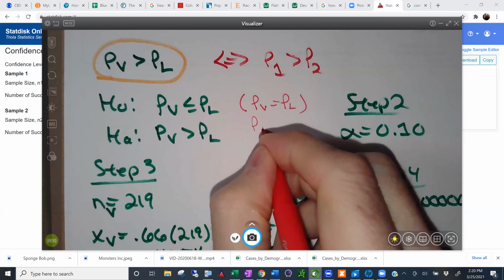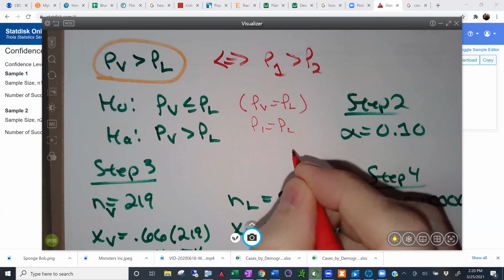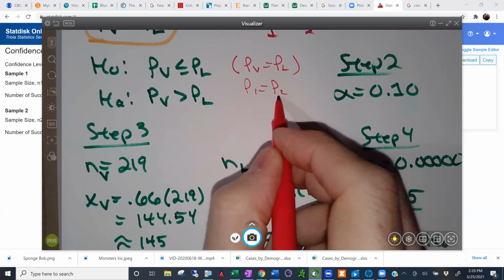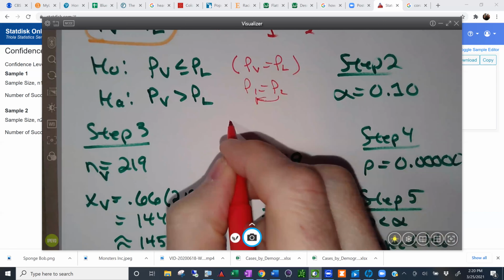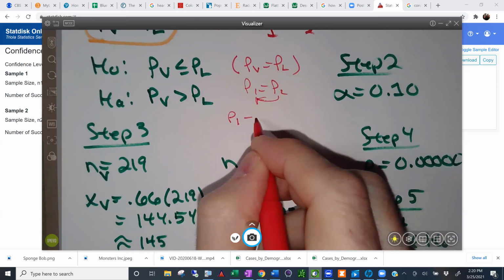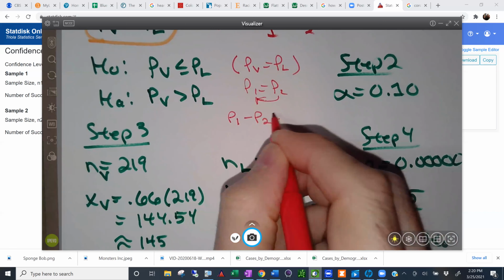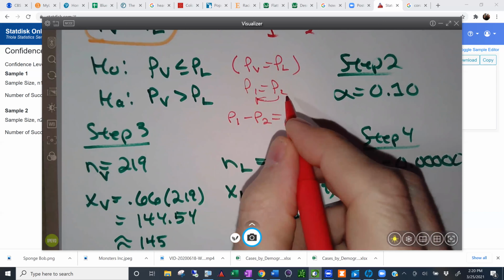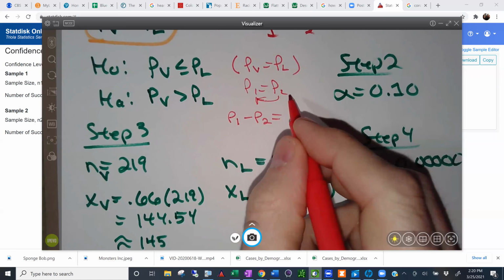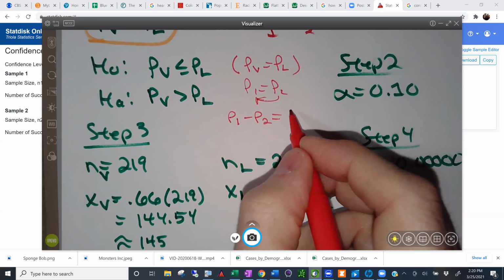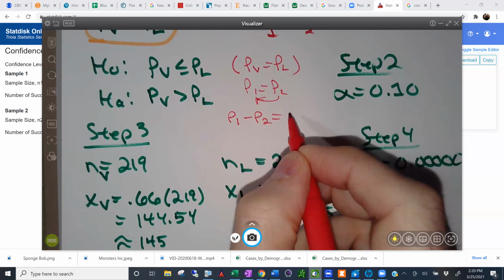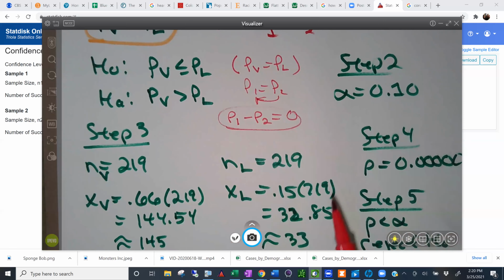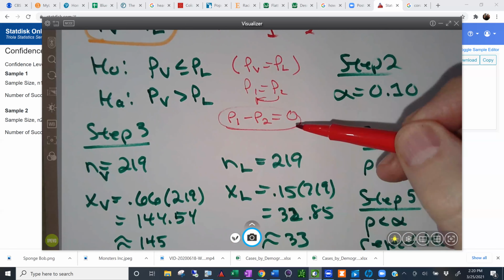Now, if P1 equals P2, and I move that to the other side, what will I get? I'll get P1 minus P2 equals what? What's left here? I know this is algebra, sorry. If I move that to the other side, what's left here? 0.